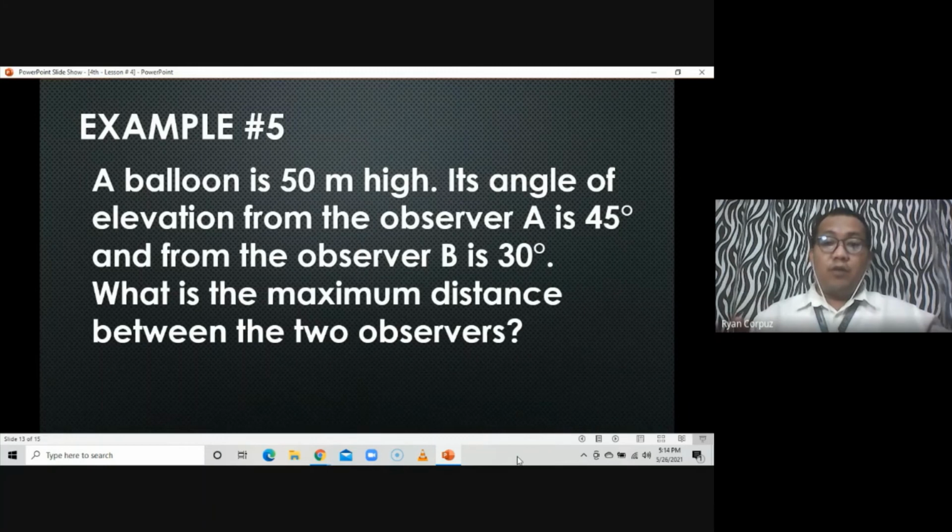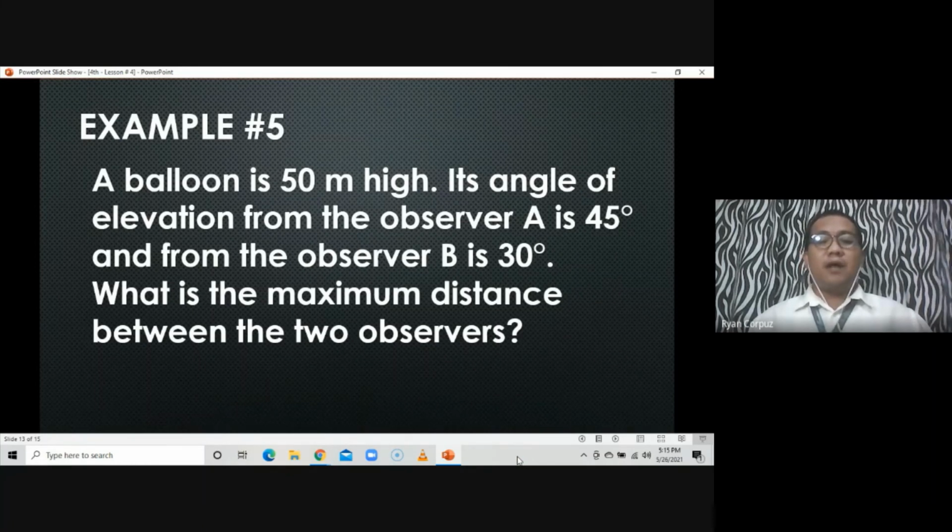But observer B, who is farther from observer A, has a lower angle. The closer you get to the object's distance from the ground, the higher your angle gets, but the farther you are, the lower the angle. So the angle of elevation of observer A is 45 degrees, while observer B, who is farther from A, has an angle of elevation of 30 degrees.